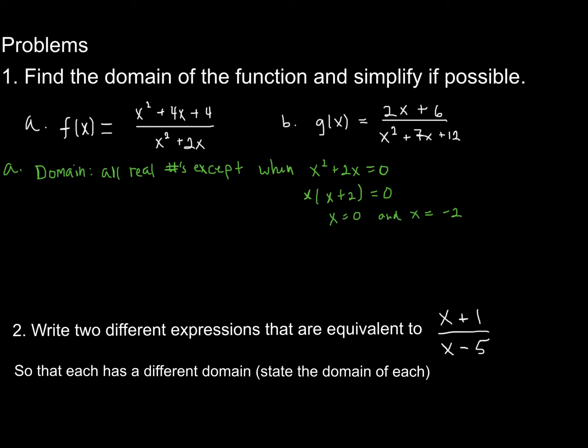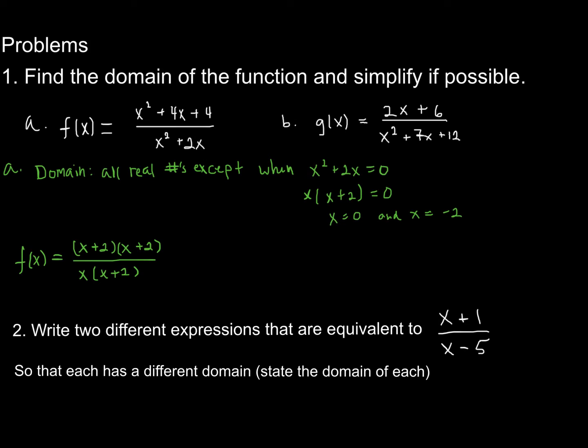Now, this factoring is actually going to help us out, because when we go to simplify our expression, f of x, we'll want to factor both the numerator and the denominator. So the numerator will factor to x plus 2 times x plus 2, and our denominator we've already factored as x times x plus 2.